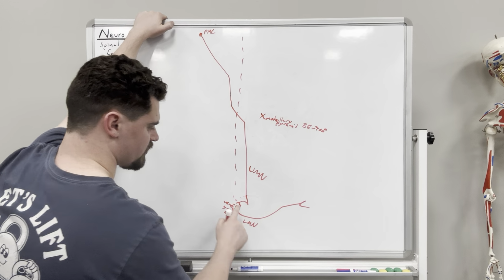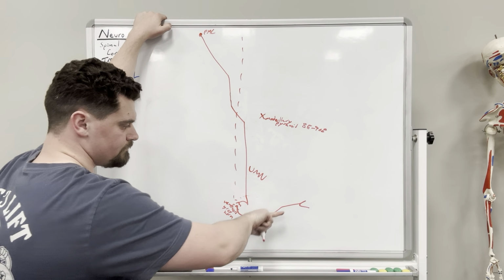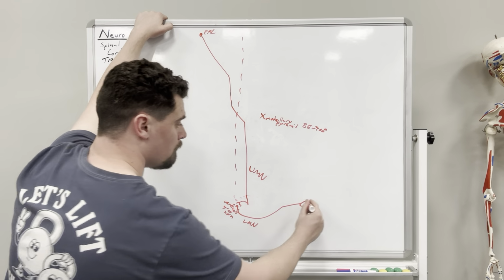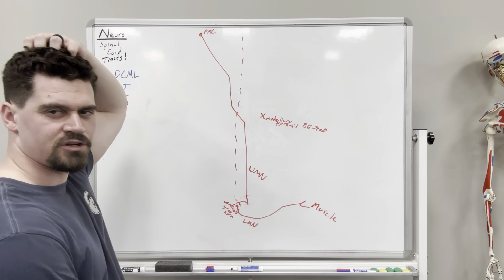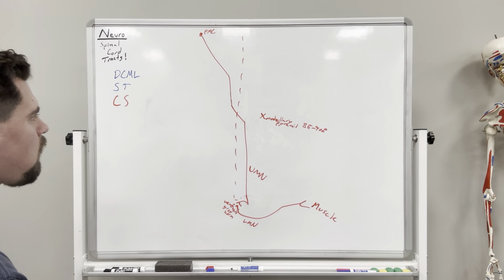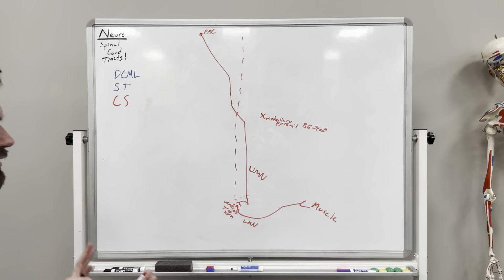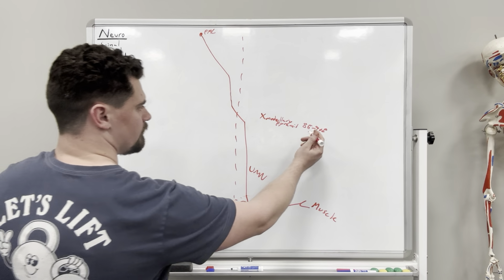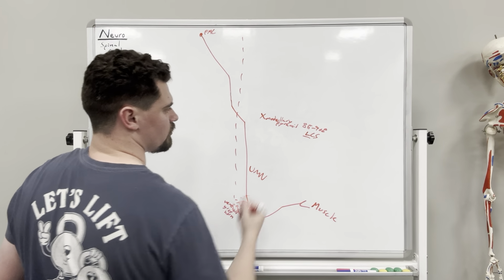And then the lower motor neuron is going to go through the ventral root, and then it's going to go to whatever muscle. Let's generally just think about muscles for this. Okay, so that covers the lateral corticospinal tract, the one that is 85 to 90% of the tract.